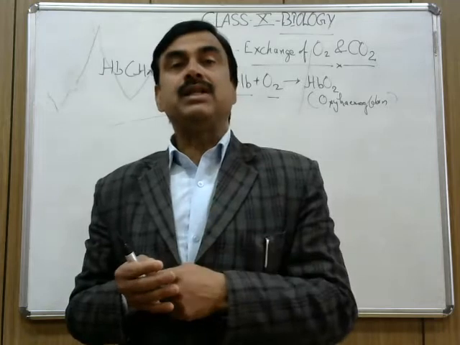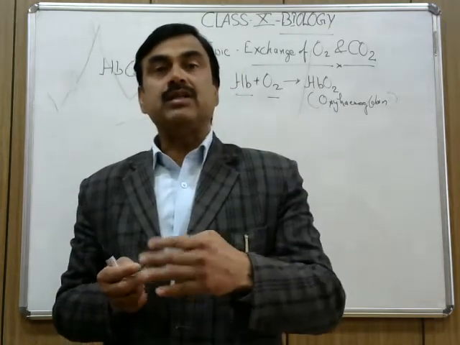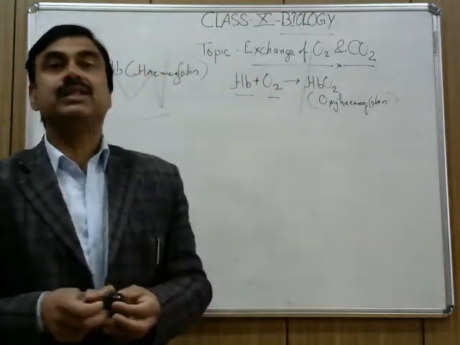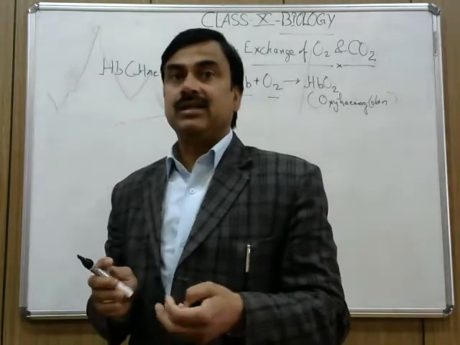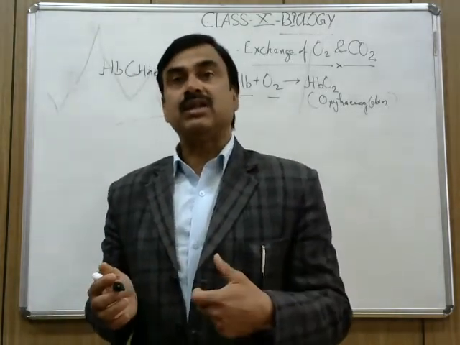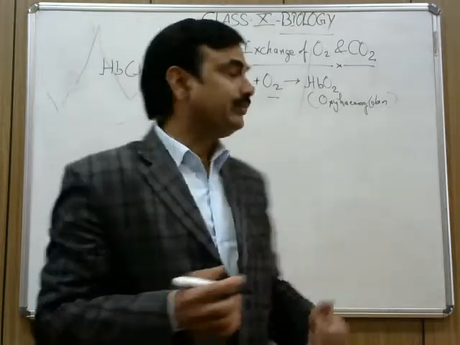For recapitulation, before explaining the exchange of O2 and CO2, which is the topic for today's lecture, I would like to take you towards my previous lecture to connect the knowledge from it.